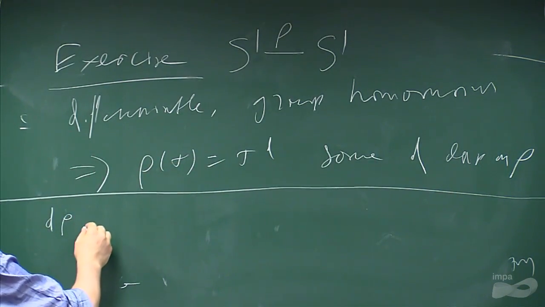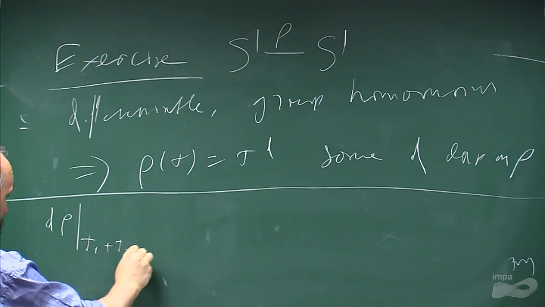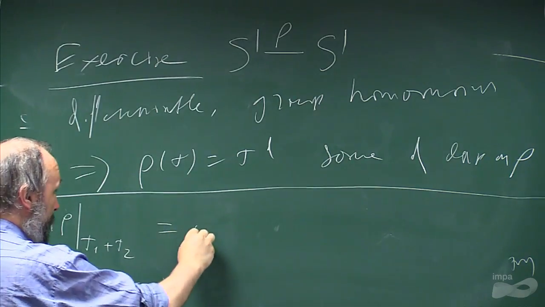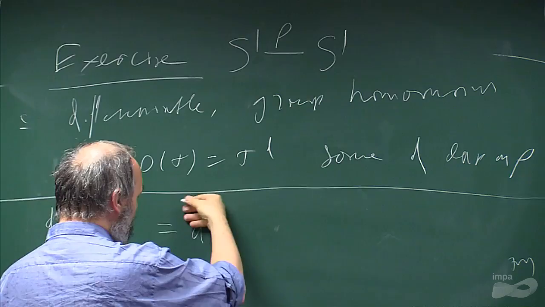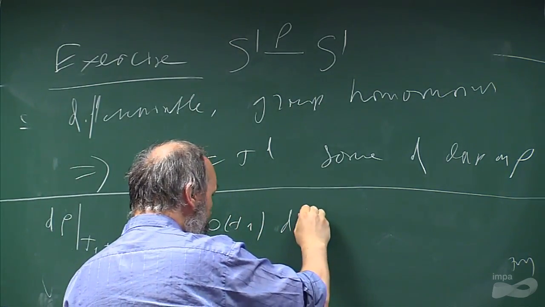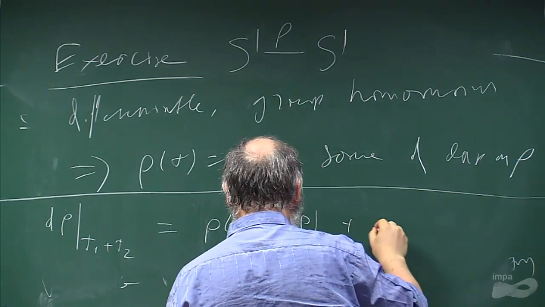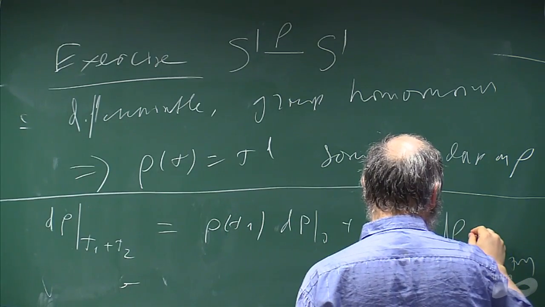If you take d rho and apply it to t1 plus t2, it will be equal to d rho of the shift: rho of t1 times d rho at 0, plus rho of t2 times d rho at 0.